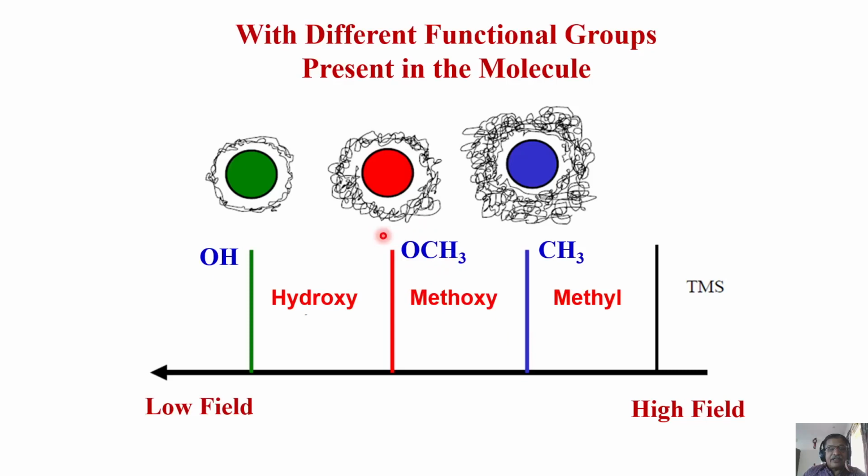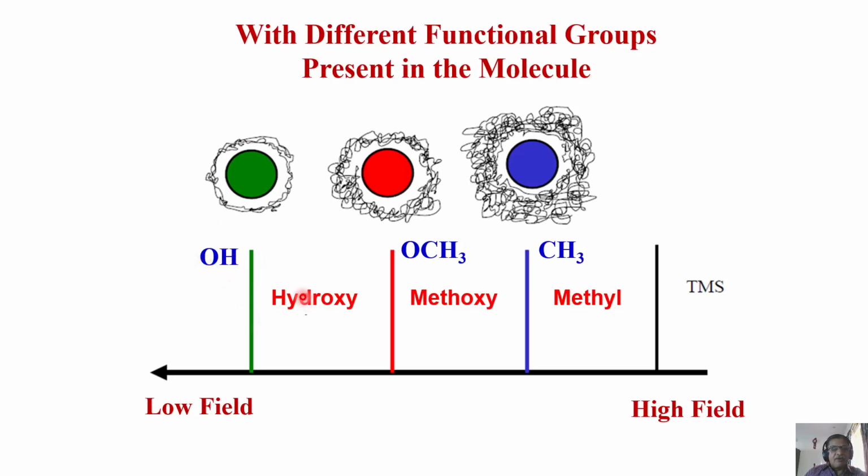The moment you put an oxygen here, when you make it an OCH3 group, the peak shifts to downfield. It comes here. Now I take a single CH proton which was somewhere here. Instead of that, I'll take OH. Same analogy as here. Oxygen is electronegative, withdraws electrons from this proton.